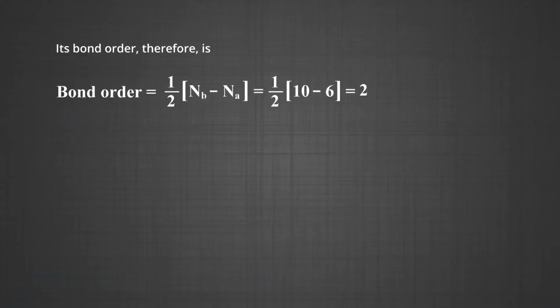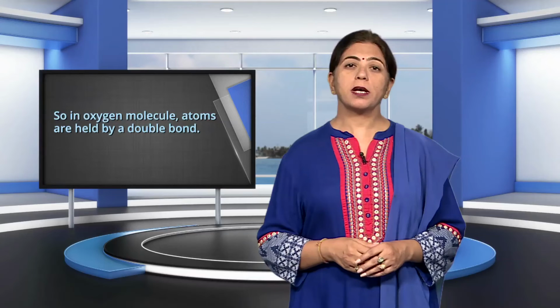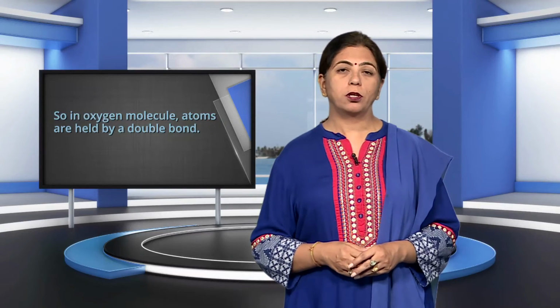From the electronic configuration of the O2 molecule, it is clear that 10 electrons are present in bonding molecular orbitals and 6 electrons are present in antibonding molecular orbitals. So, its bond order therefore is 2. So, in the oxygen molecule, atoms are held by a double bond.